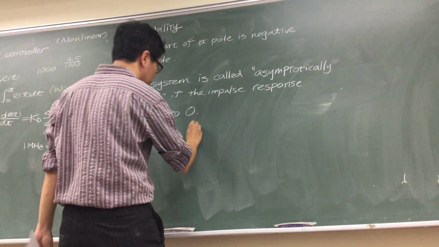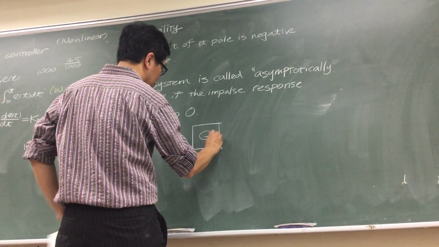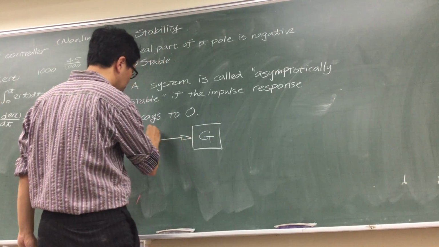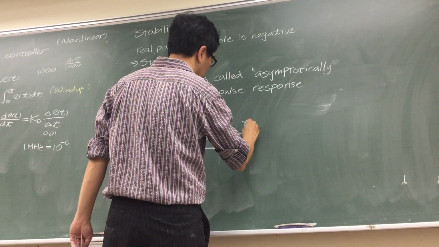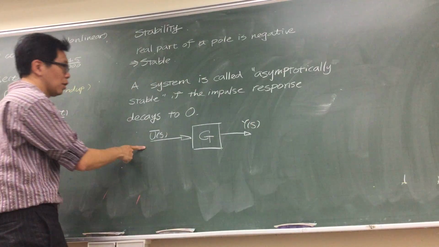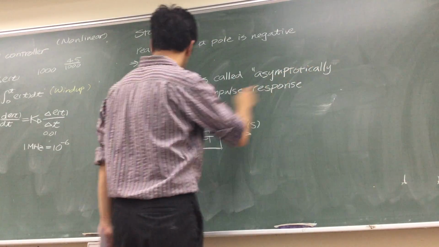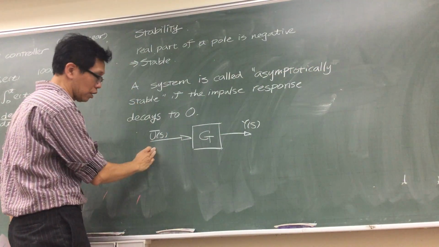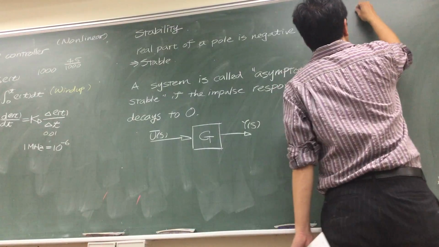I got a system. I got the input. I got an output. So I'm telling you, the definition is asymptotically stable. Means that on this side, let me give you one example.